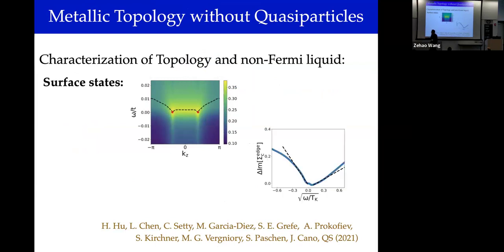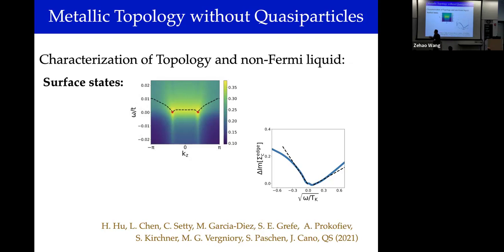And if we look at the self-energy, again, we see this square root omega dependence. And again, we can sit right on the surface and calculate local correlation functions like spin-spin correlation functions, channel-channel correlation functions, etc. Again, these susceptibilities show the same log T dependence as in the bulk.